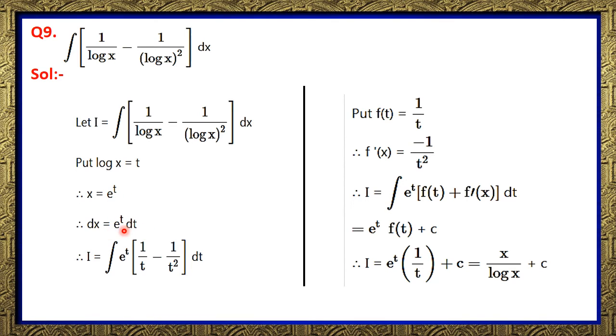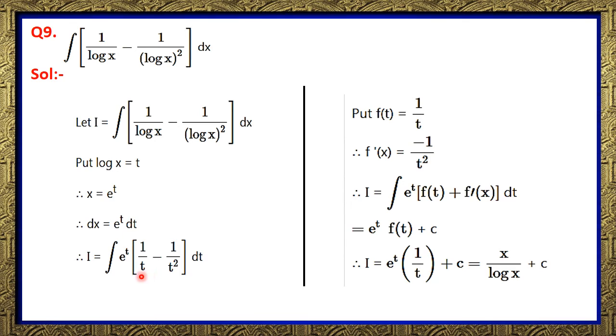Now we can substitute these values in the given integral. 1 upon log x will be 1 upon t, because log x is t, minus 1 upon t square, and dx can be written as e raised to t dt. So an extra e raised to t comes here. So I is equal to integral e raised to t into 1 upon t minus 1 upon t square.